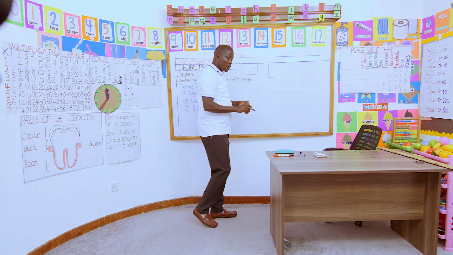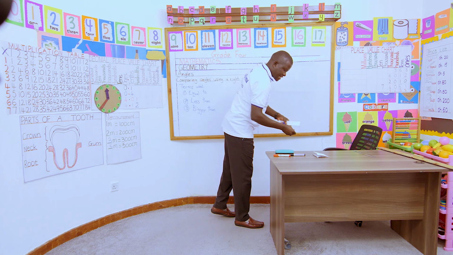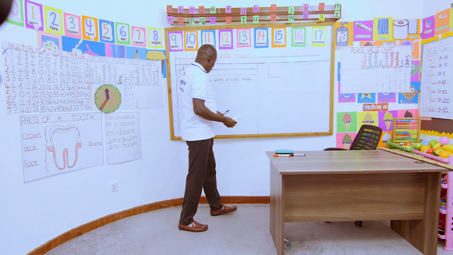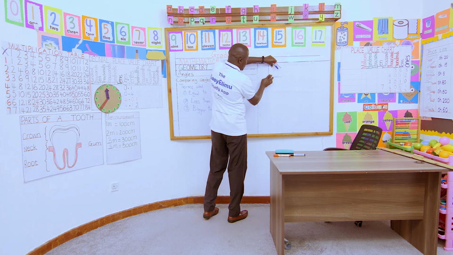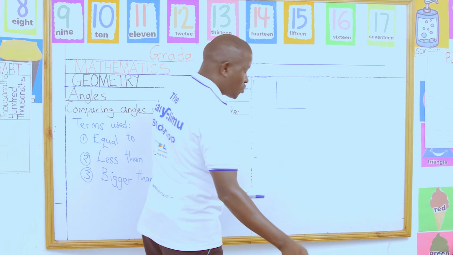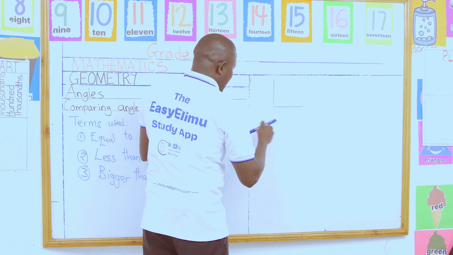So, is this angle equal to, less than, or greater than, or bigger than? We put our paper cutout here and observe. Yes. So, this angle A is equal to our right angle.